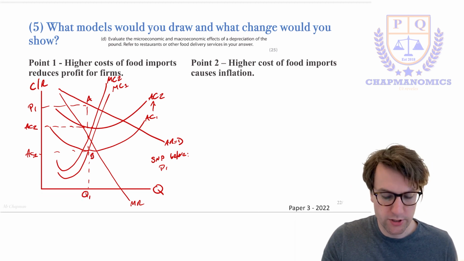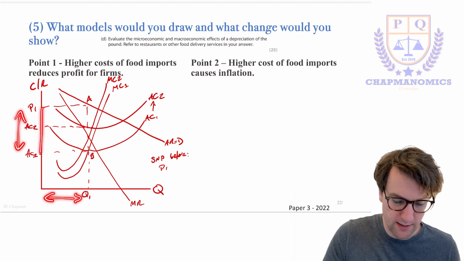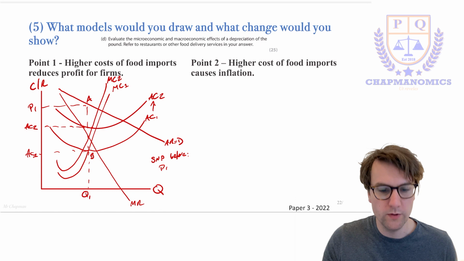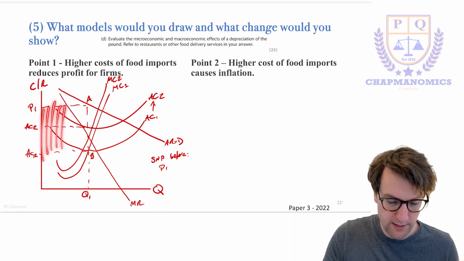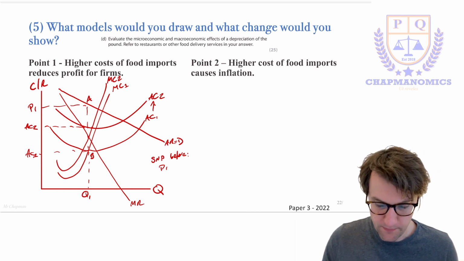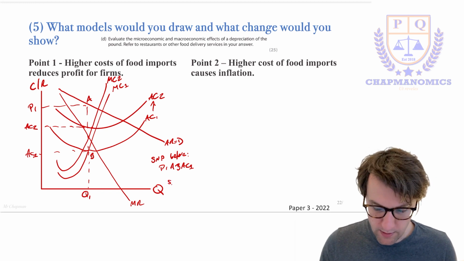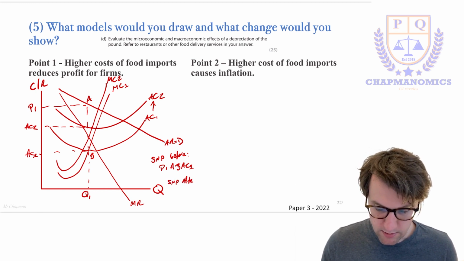And if you remember your geometry, a width times a length gives an area. And so therefore all we're doing is we're taking the profit from each unit. Each one of these lines represents a unit, and that's the profit from each unit. So therefore P1, A, B, AC1 shows us our supernormal profit before, then our SNP after the change.